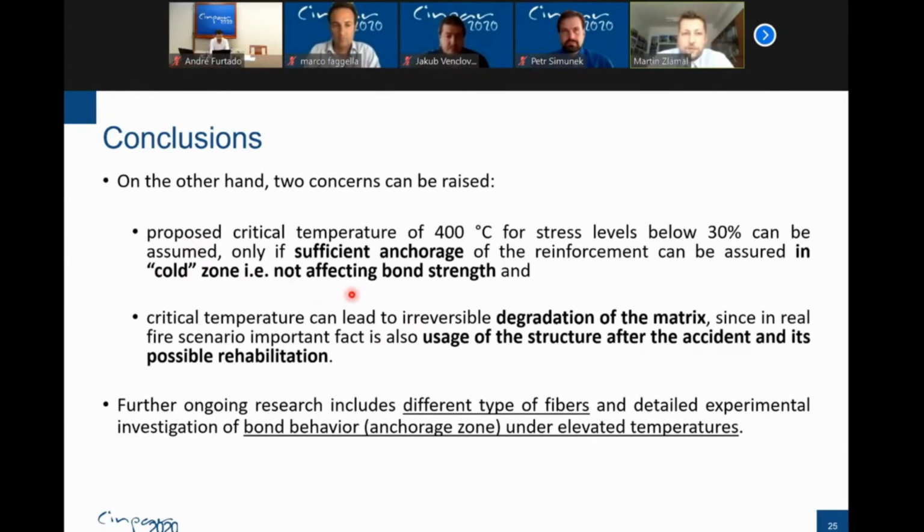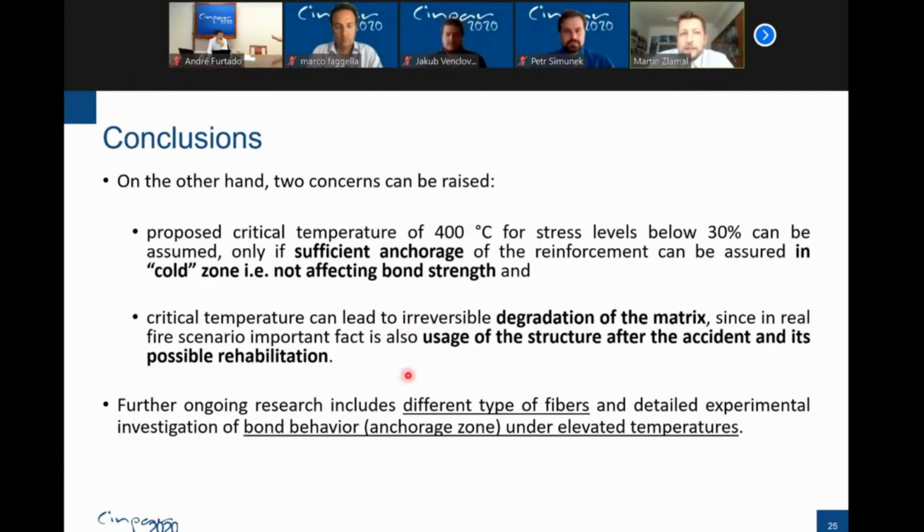Because if you want to use, for example, 400 or 500 degrees as a design or critical temperature for the design of the structure, and the reinforcing bar fails in the bond area or anchorage area, then the structure will not be sufficient.